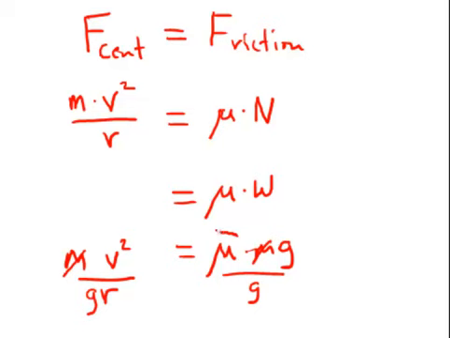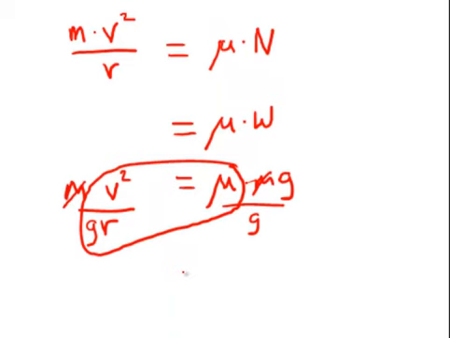And we've got a very useful formula for any object moving around in a circle, turning due to friction, where it's the only force that helps cause its turning. Then the coefficient of friction would have to be equal to v squared over gr.